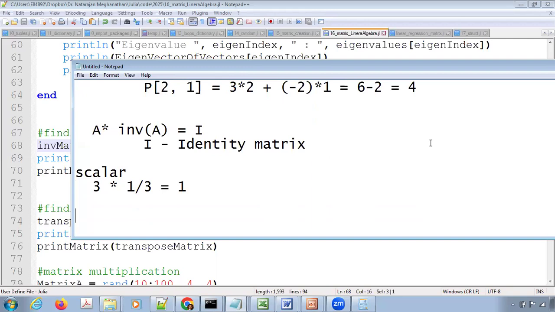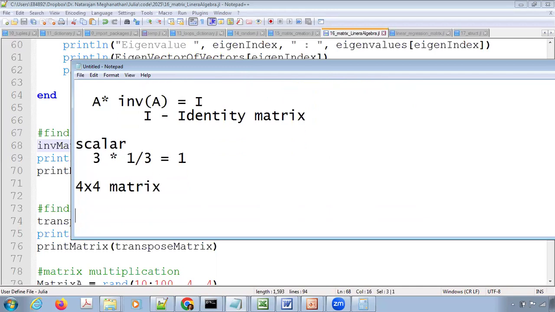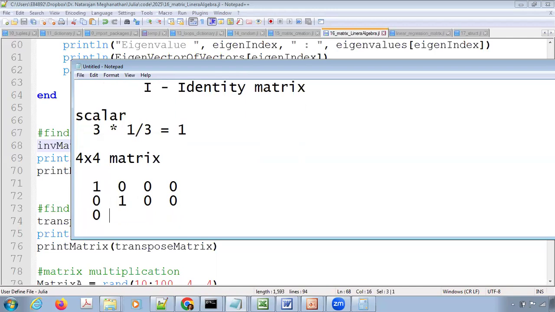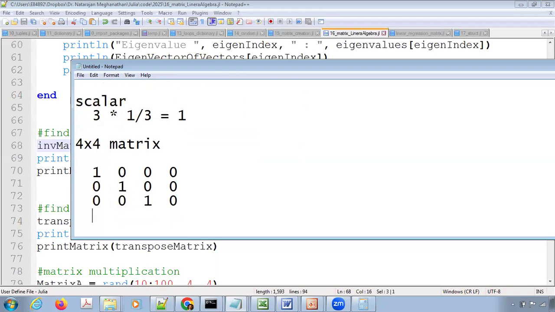Similarly, for a square matrix, you can compute its inverse, and the product of the matrix and its inverse is equal to an identity matrix. If we have a 4 by 4 square matrix, its corresponding identity matrix looks like this: 1, 0, 0, 0, followed by 0, 1, 0, 0, followed by 0, 0, 1, 0, followed by 0, 0, 0, 1.